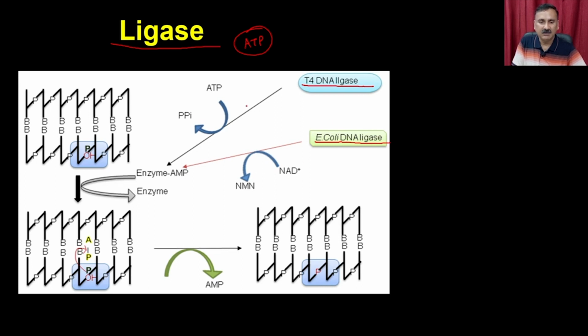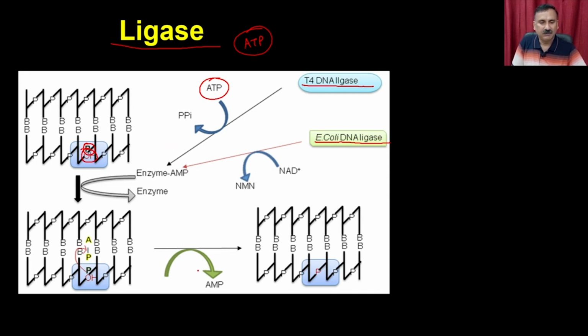In the case of T4 DNA ligase, it is going to utilize ATP as a source of phosphate. It brings the nicks closer to each other, the AMP binds, and ultimately brings the 3' and 5' ends together, and a bond is formed between the 3' hydroxyl and the 5' phosphate, and the AMP is released.